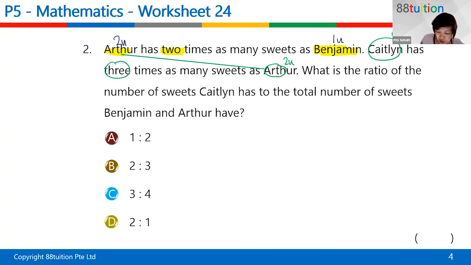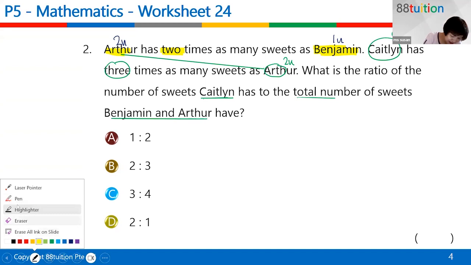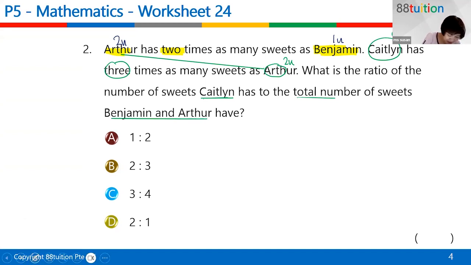And what is the ratio asking for Kathleen here to the total number of who? Of A and B. So the usual way, what I can do here is to make them the what? Column method. That will make things even simpler. All right, let's try. We have A, Arthur, Benjamin, and C. So let's put them in the proper manner. A-R-T-H-U-R.